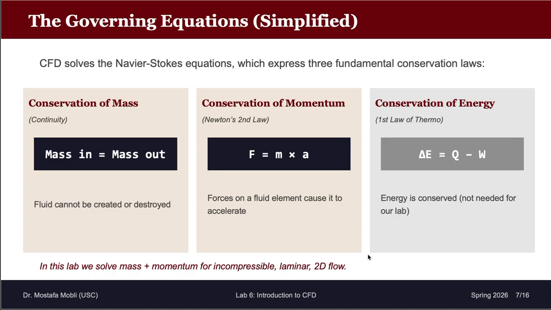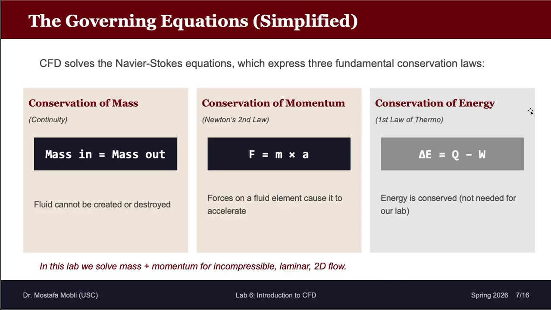A very simplified version of the governing equations that are used in the back end of the software to analyze the flow are these three: conservation of mass, which essentially says mass in is equal to mass out; conservation of momentum, which is the interpretation of Newton's second law in fluid flow; and conservation of energy, which is the interpretation of the first law of thermodynamics in fluid flow.